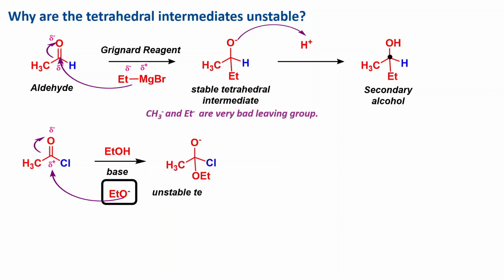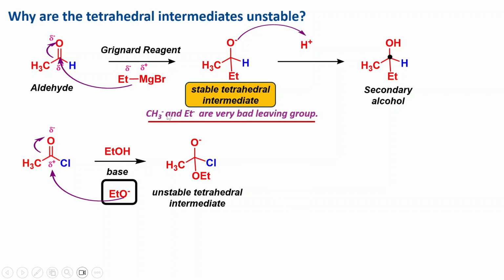So what you will generate is an unstable tetrahedral intermediate. Why in this case is it unstable? If you see the groups here, the CH3 minus and the ethyl are very bad leaving groups. But it is unstable because the groups attached here are the CH3, the ethoxide, and the Cl minus.